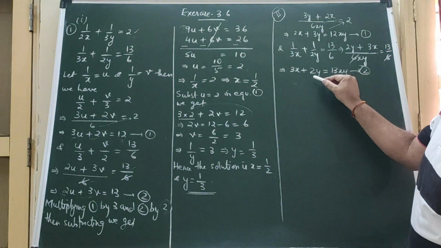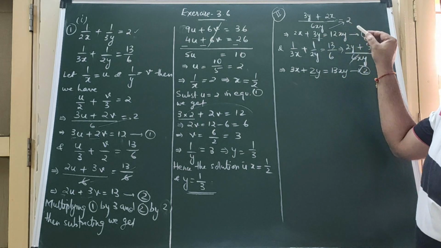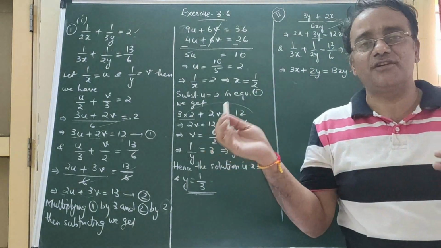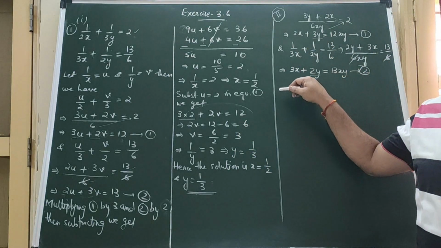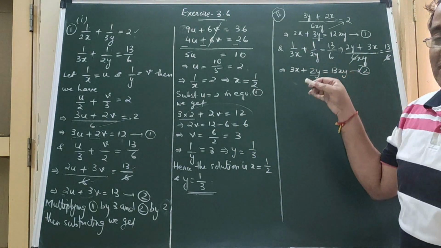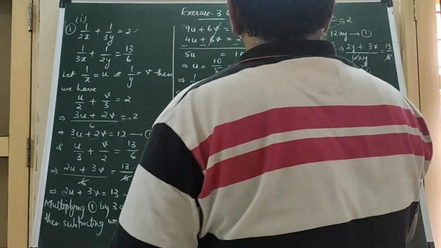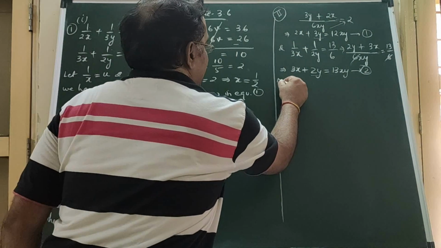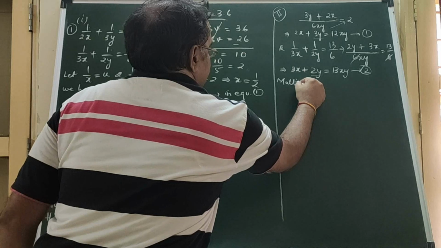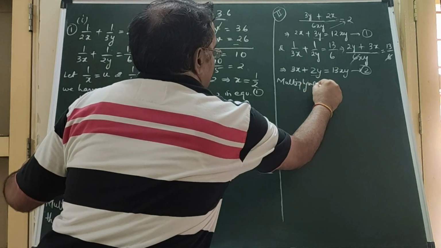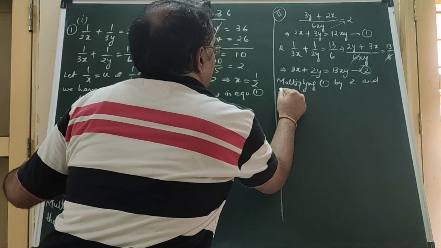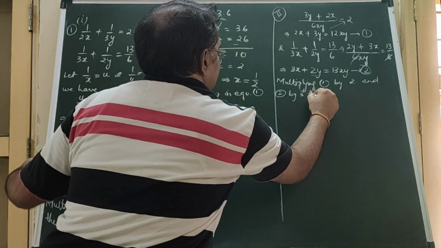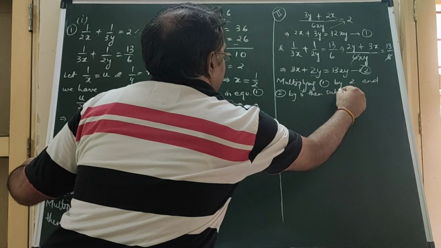Now see, I am going to make the coefficient of variable y the same. So I have to multiply this by 2 and this by 3. Okay? और दोनों का साइन भी सेम है, so subtract करेंगे. तो यहाँ पे क्या लिखेंगे? Multiply 1 by 2 and 2 by 3, then subtracting we get.